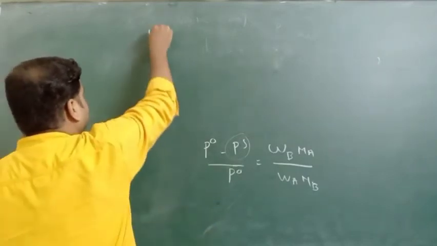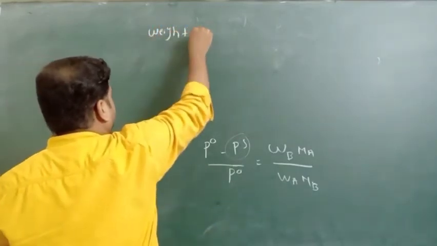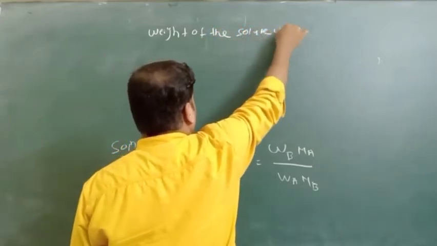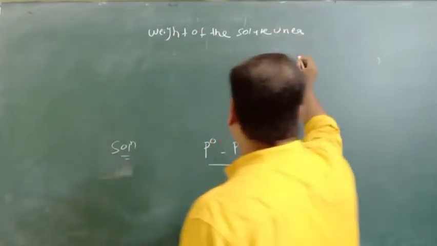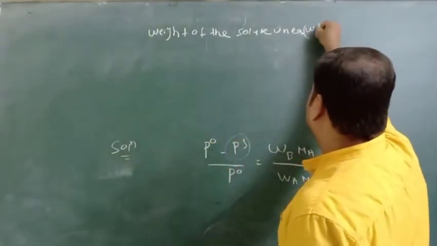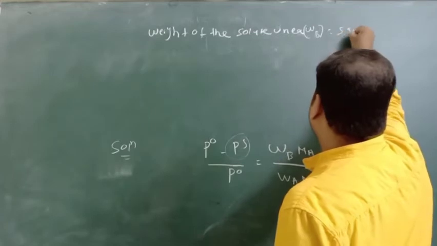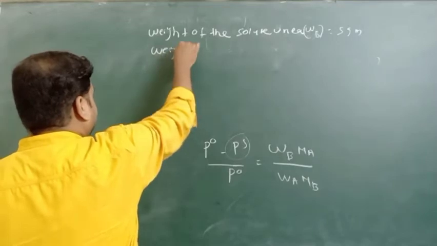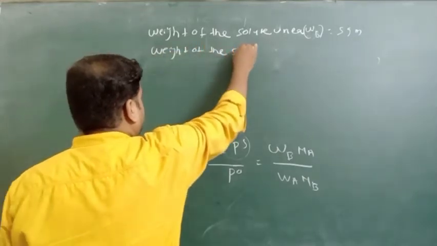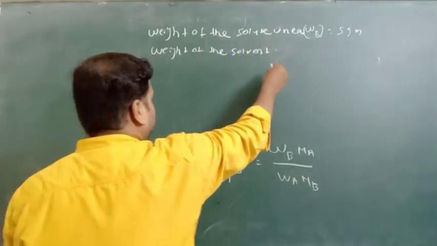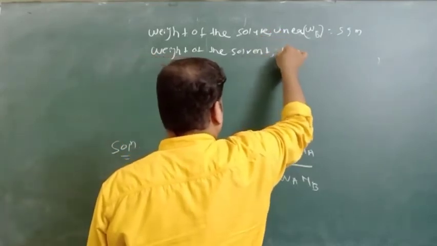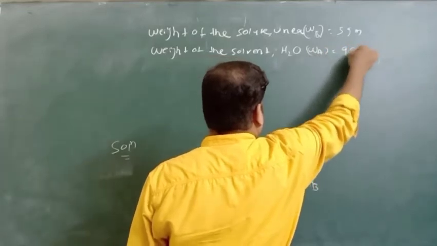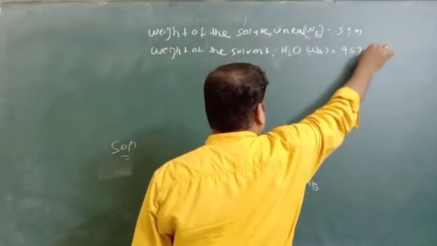So the weight of the solute, urea, WB equals 5 grams. The weight of the solvent, here water, WA equals 95%, which means 95 grams.